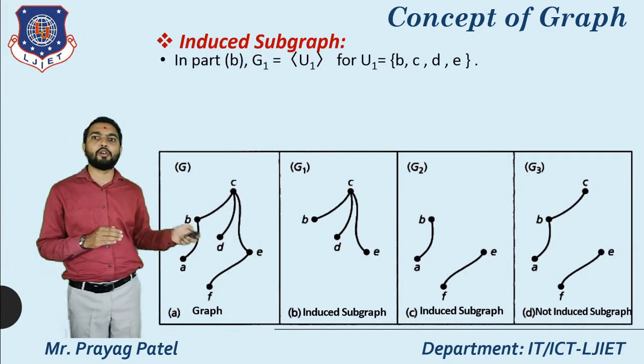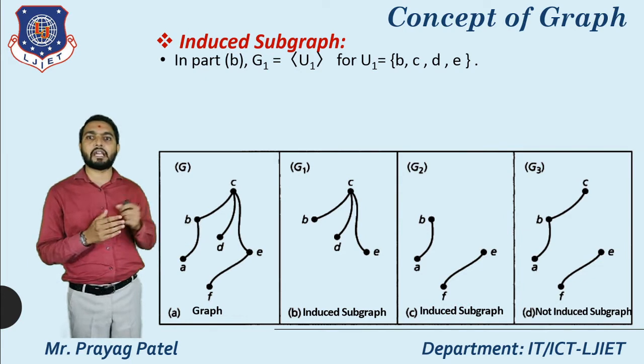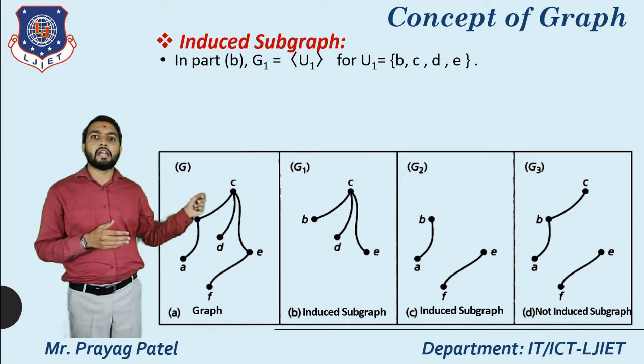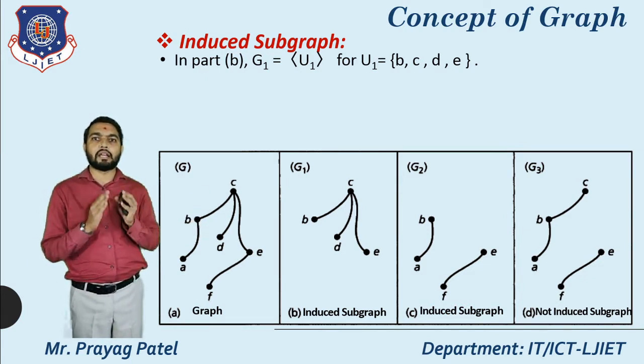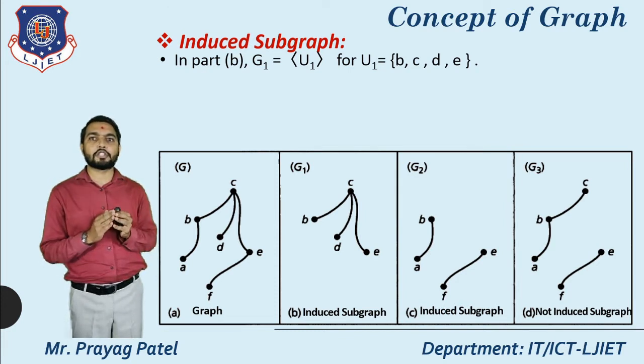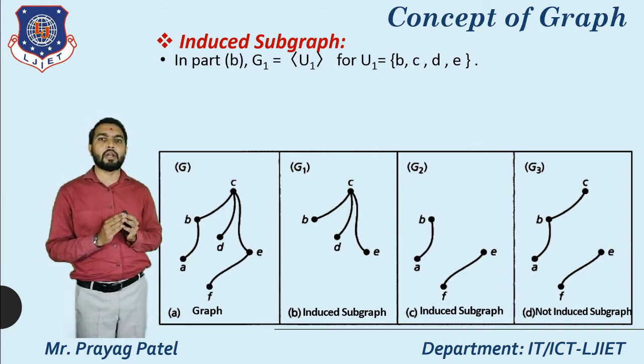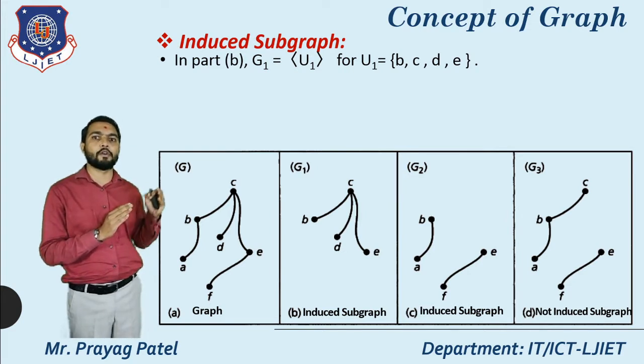Now an example of the induced subgraph: here graph G is the given graph. Now in part B, graph G1 is considered as an induced subgraph. So for that we check: in part B, G1 equals G[U1] for U1 equal to B, C, D, E. U1 means the set of vertices of your subgraph.